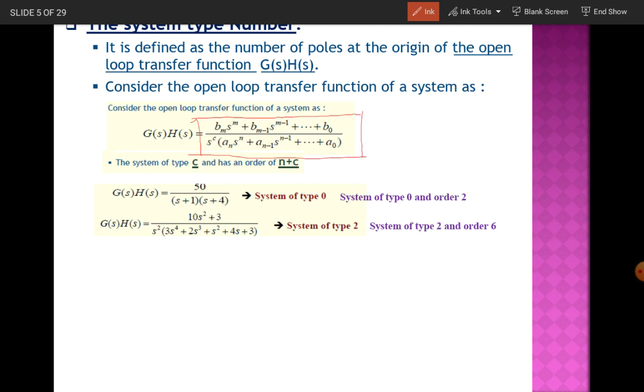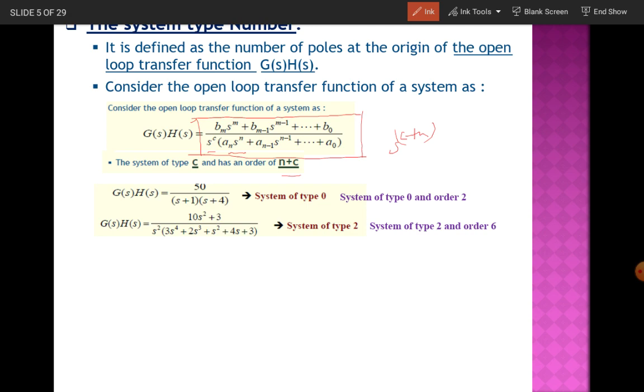Whereas if you want to find the order of system, you multiply this term with this polynomial equation, and you will get the highest power of S as C plus N. So this C plus N denotes the order of system.